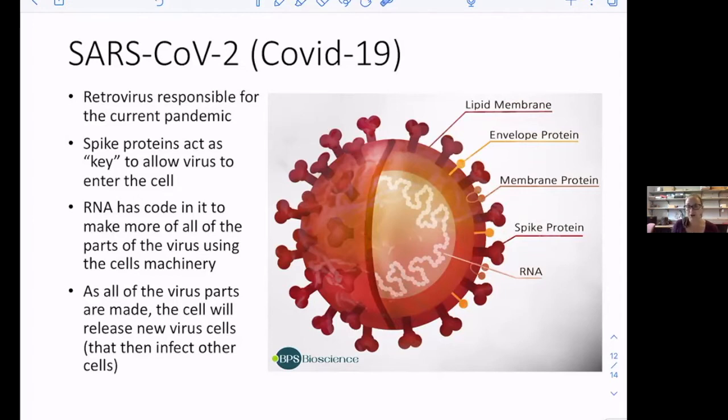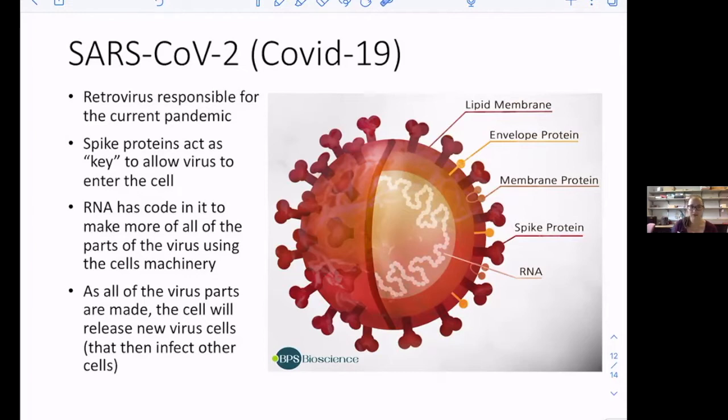And so corona, I think it's Latin or Greek, I don't remember which one, is another language's word for crown. So a virus with crowns on it is how it got its name. And then 19, so COVID-19 stands for the fact that this particular strain was discovered in 2019.